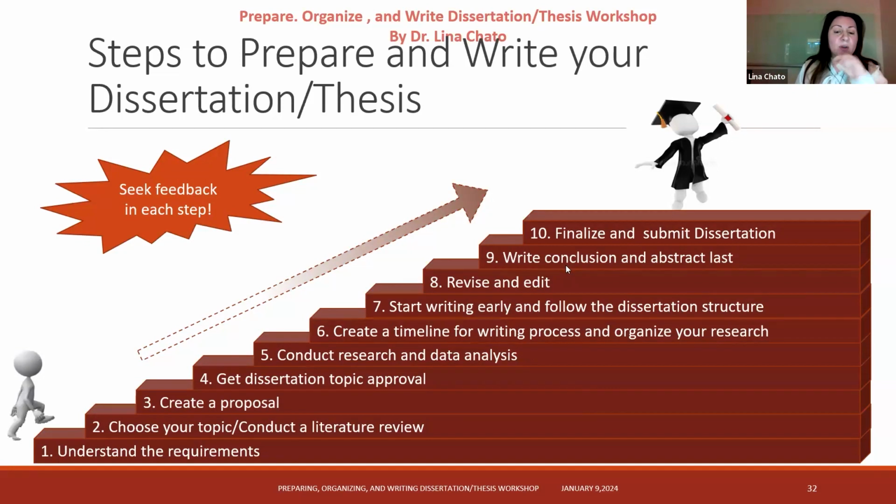Okay, one important thing I would also like to mention. We mentioned that we have an abstract and conclusion in each dissertation, but remember, we write the abstract and conclusion in the end, after we finish all the chapters. What is the reason why we write the conclusion and abstract in the end?